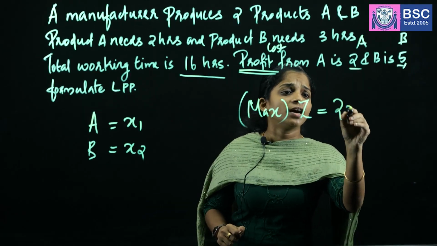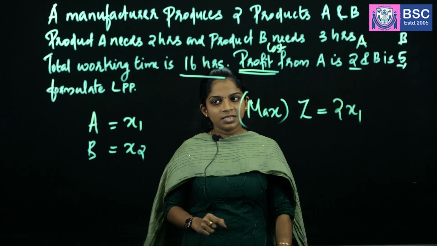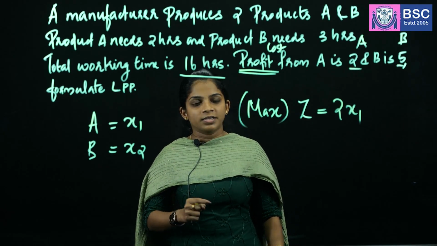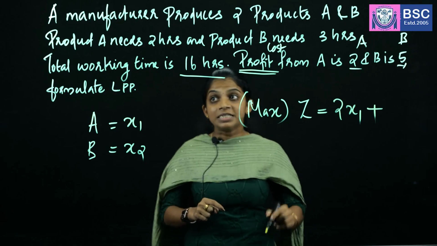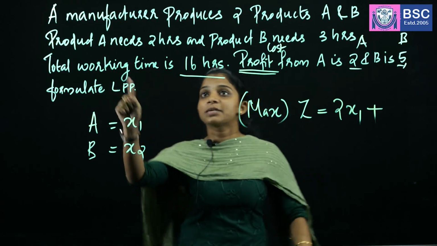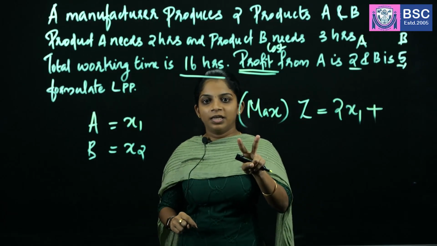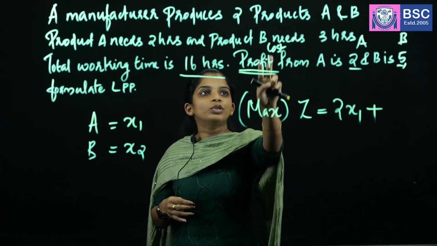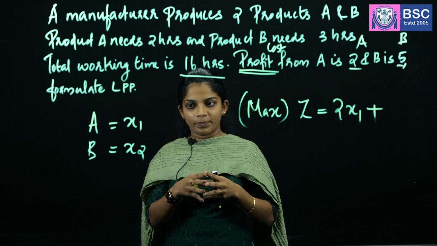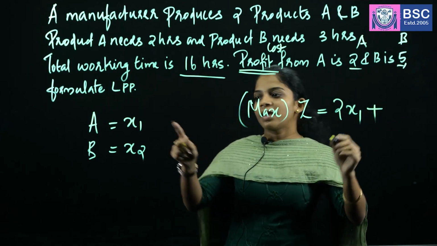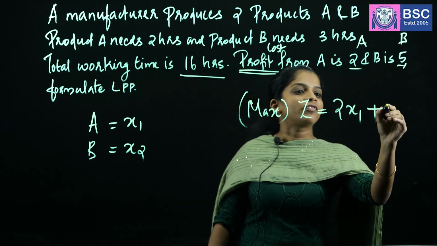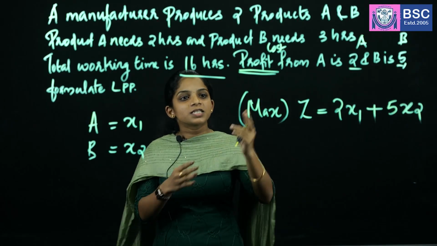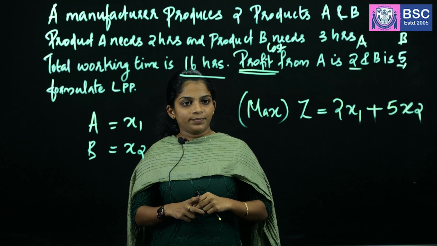So I am writing 2x1, that is the product x1 should create a profit of rupees 2, and plus, because we are adding an addition symbol because a manufacturer produces two products. So here we are making an LPP for these two products combinedly. So 2x1 plus, and the profit from x2 is 5. So 5x2.